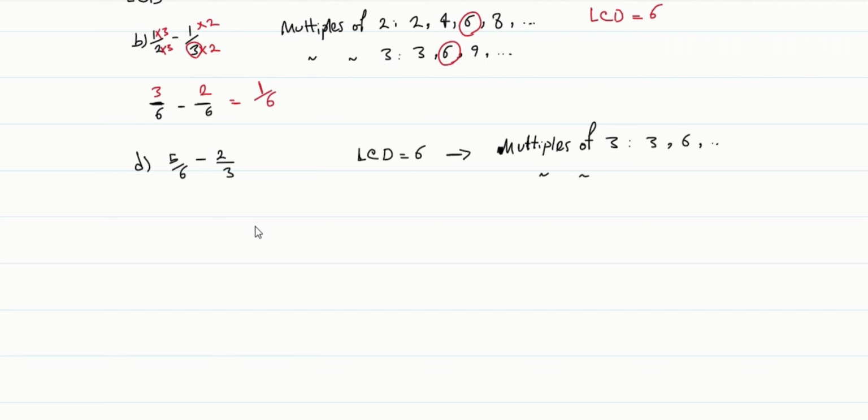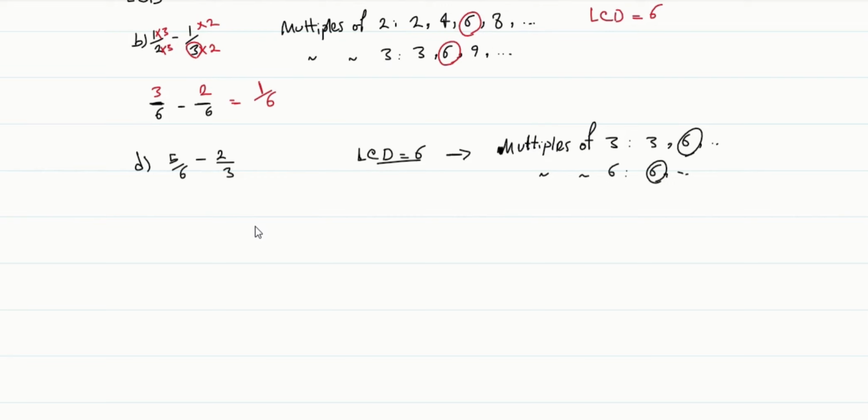And the multiples of 6 are 6 itself, and so on. So the least common denominator would be equal to 6, and you could actually not write these numbers in here, and you can easily say that 6 is already a multiple of 3 on this occasion. So we could use 6 easily. We didn't have to calculate these numbers.